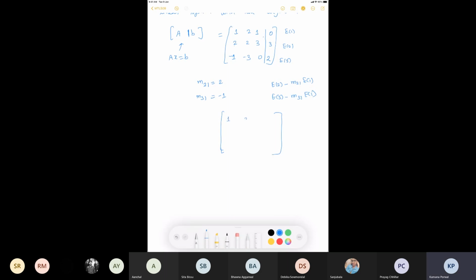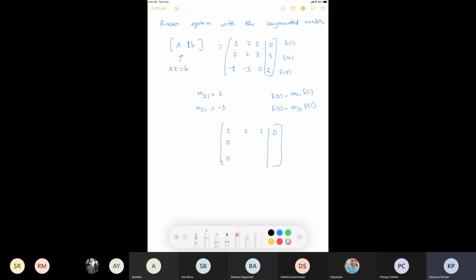The first row will remain as it is. In the second row, of course, these two entries are going to be 0. Now what will be the other entries? We can simply do the calculations here. This is 2 minus 4, so we'll get -2, and then -3 plus 2, so -1.